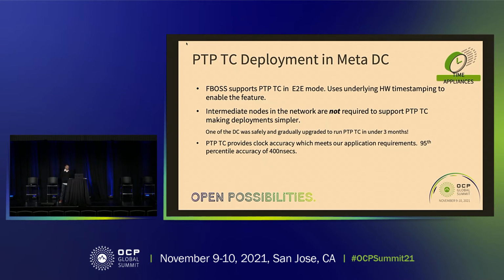TC is also light on the debugging aspect. In the end, we found that PTP TC provides enough clock accuracy to meet our application requirements of around 95th percentile accuracy of 400 nanoseconds, which works well for several applications that want to use PTP TC in our DCs.